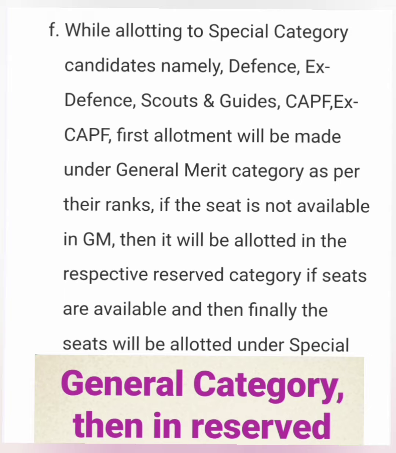Then it will check for the reserve category seats, that is SC, ST, OBC. So these defense personnel can be SC or ST or OBC also. So after general merit checking, it will check for SC, ST. If they are SC, ST, then they will be allotted a seat in that category. If they are not allotted a seat in the SC, ST category also, then it will check for the special category of ex-defense people or present defense people, right?